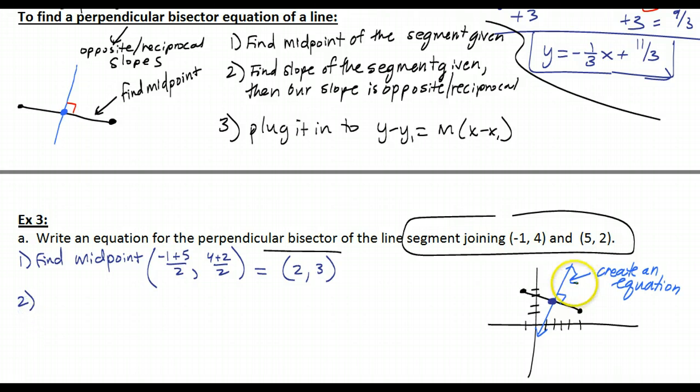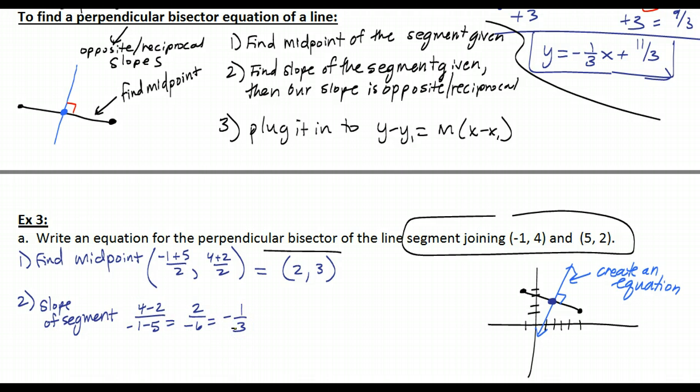Next, the slope of this blue line that I'm trying to create is perpendicular to the segment. So if I can find the slope of this segment, the opposite reciprocal of that is what my blue line slope is. So the slope of the segment is going to be y subtract y over x subtract x, 2 over negative 6, so negative 1/3.